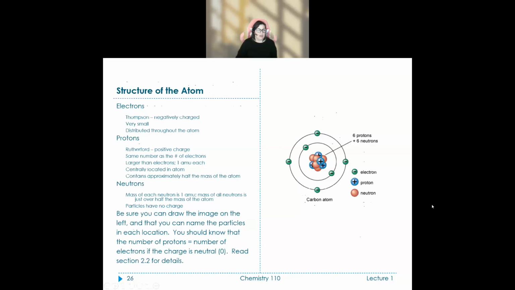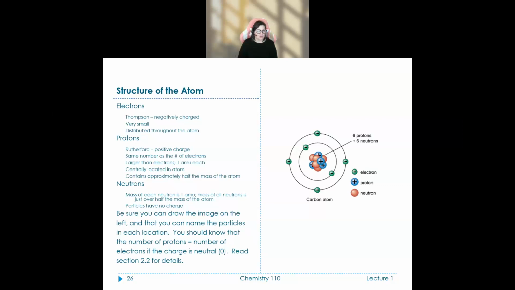Now, in order for these nuclei, as they continue to get larger, to stay together, we need mass to break up that positive charge. That's the purpose of the neutron, or at least that's how we talk about it. Now, you should know that the number of protons equals the number of electrons if the charge is neutral.